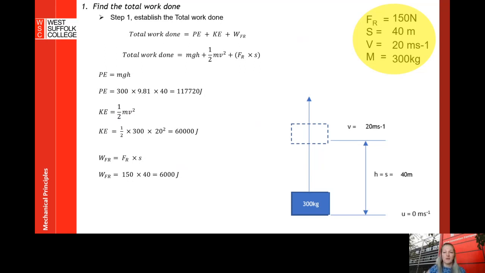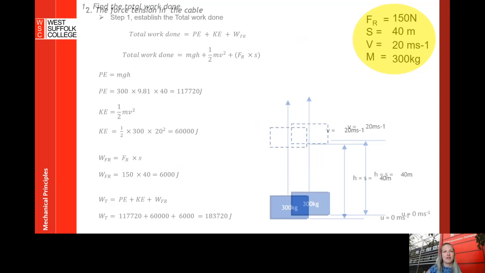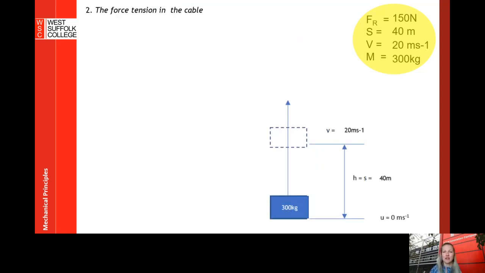The last part of the work done is just adding them together. So all we've got to do is add all of our answers that we've accumulated together, and we will then get our total work done, which is 183,720 joules.